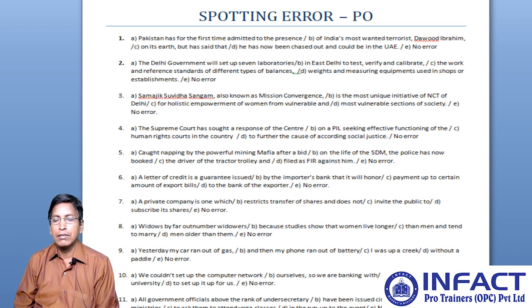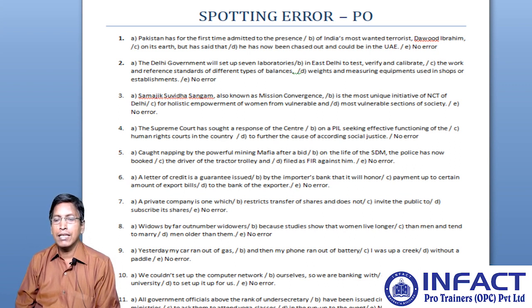Let us see. Samajik Suvidha Sangam, also known as Mission Convergence, is trying to explain about a particular mission or a trust. Is the most unique initiative of NCT of Delhi. That means a unique invention or creation. Even here there seems to be no correction required.